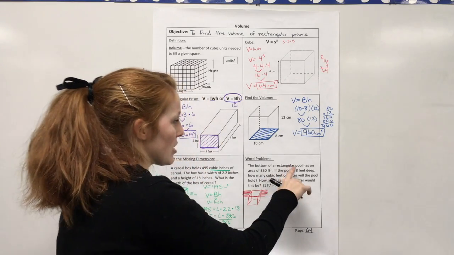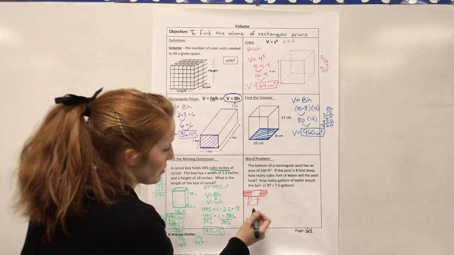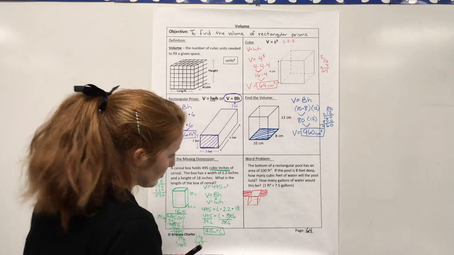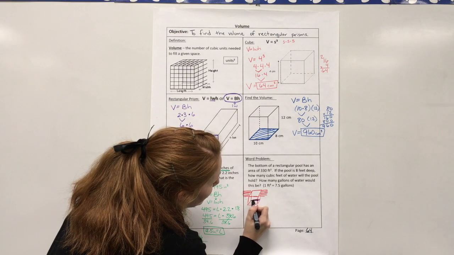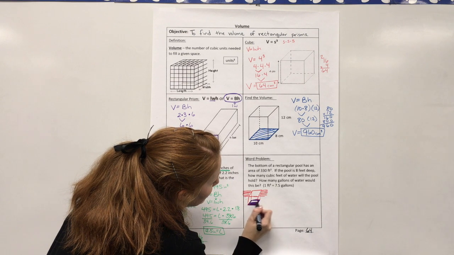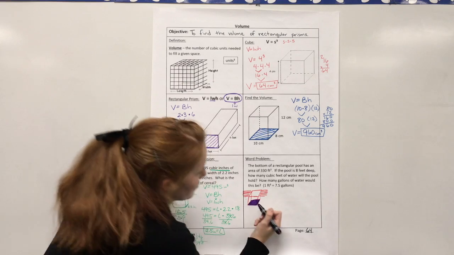And then this is if I were to dive down into it. So it says that the bottom of the pool, so down here, so let me use a different color so that it stands out a little more. So here's the bottom of my pool. And it's already told me the area of this right here.